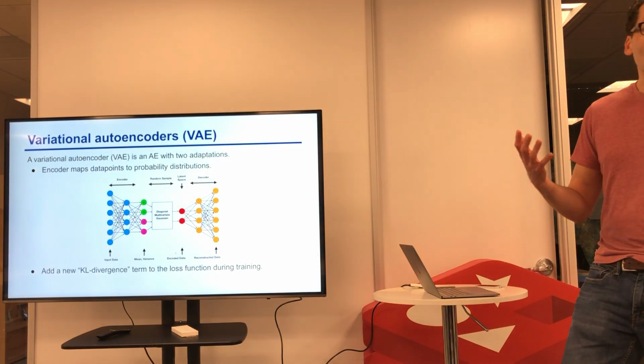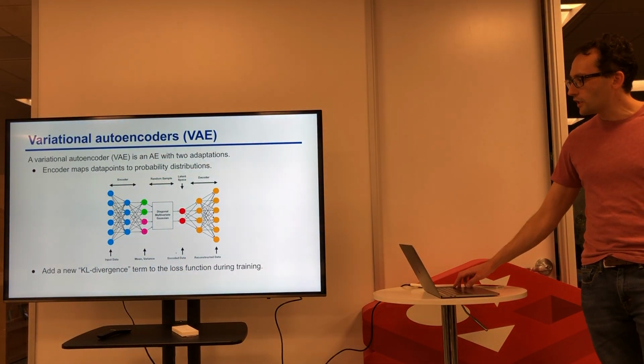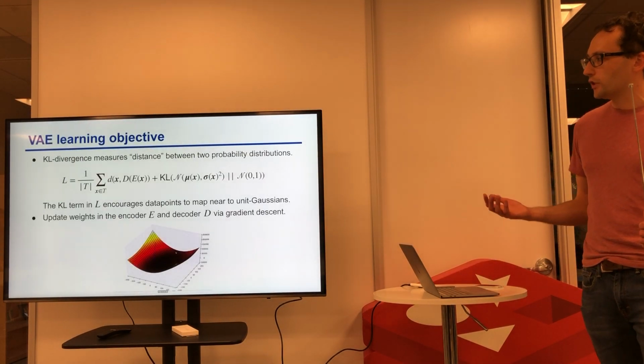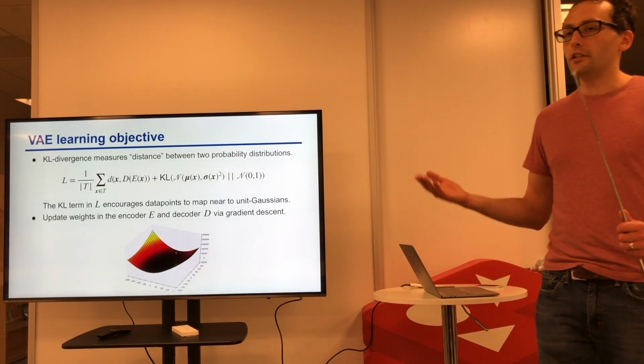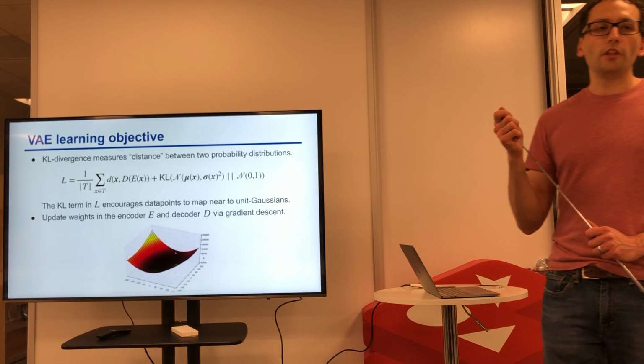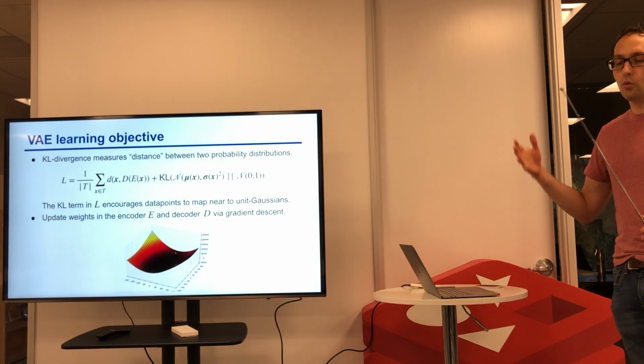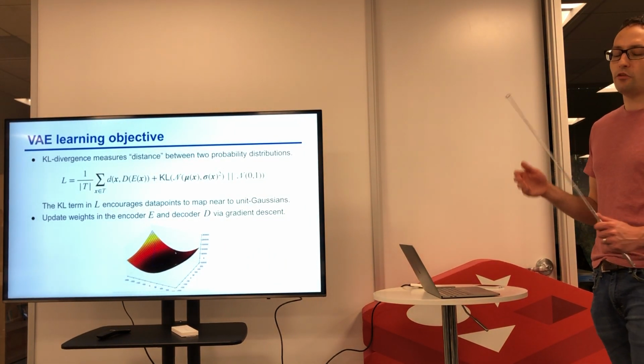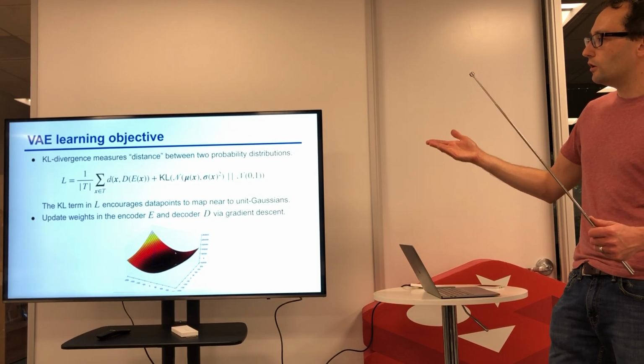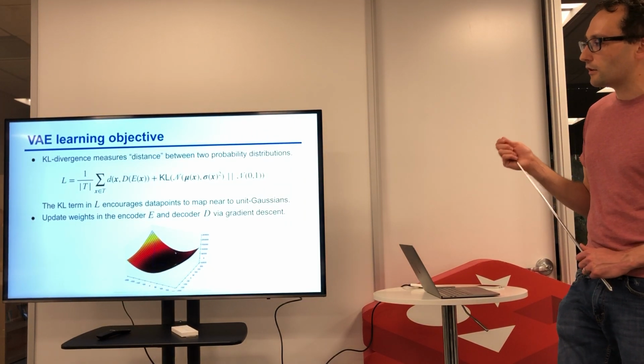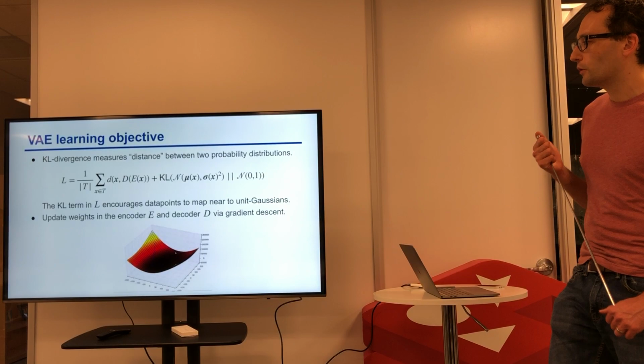In addition to that, we're going to add an extra term onto the loss function called KL divergence. KL is an acronym that stands for the two people who worked on this aspect of information theory. If you want to know more about all of that, you can turn to Wikipedia and many other great resources.